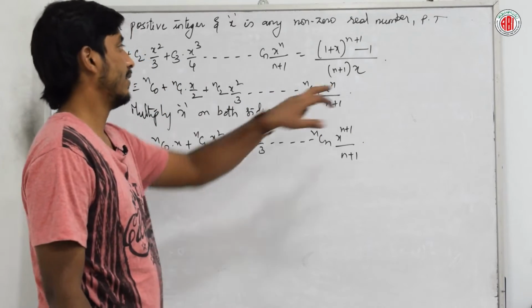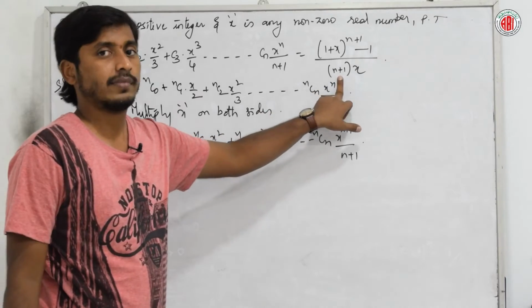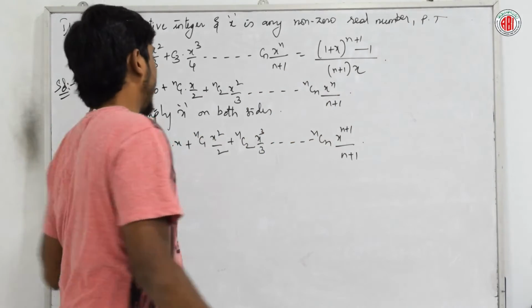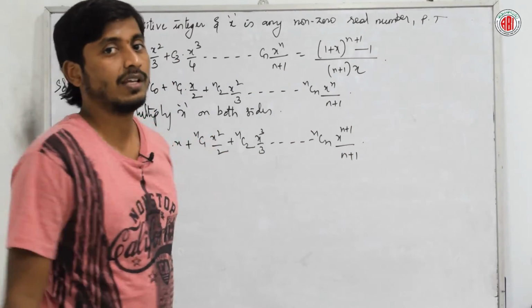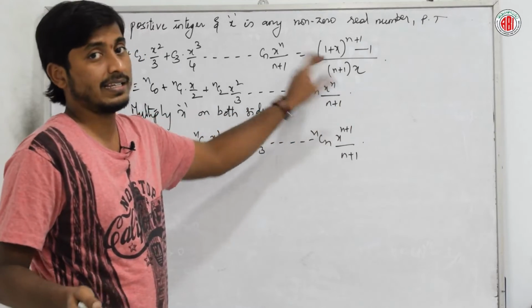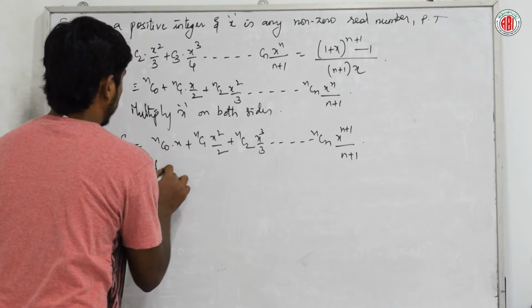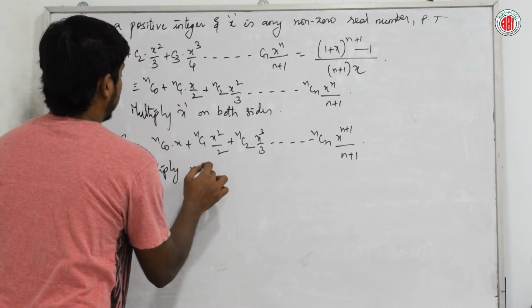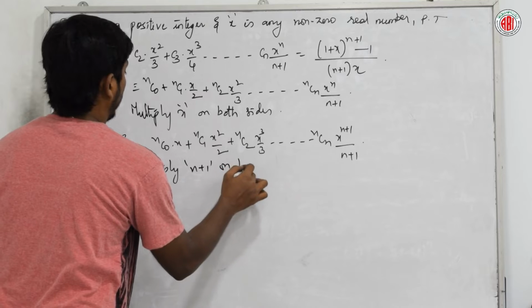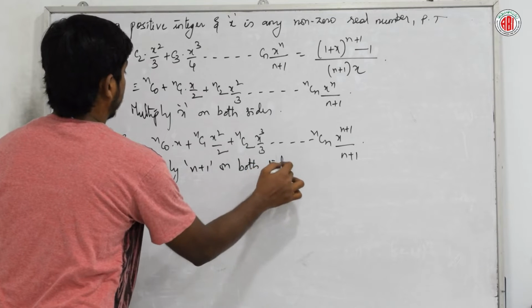Next, what is there? n plus 1. So let us multiply n plus 1 to all the terms now. Since it is dividing on the right hand side, let us multiply here. Multiply n plus 1 on both sides.